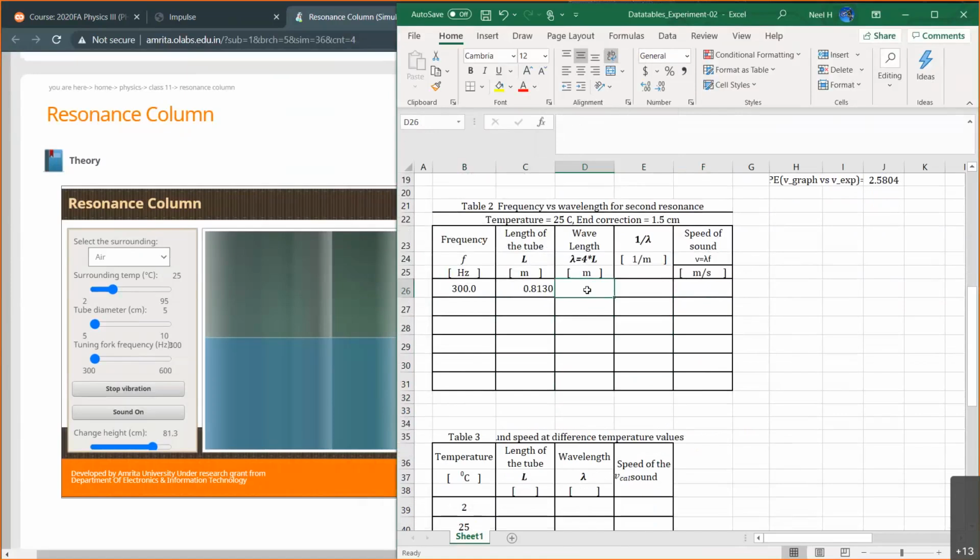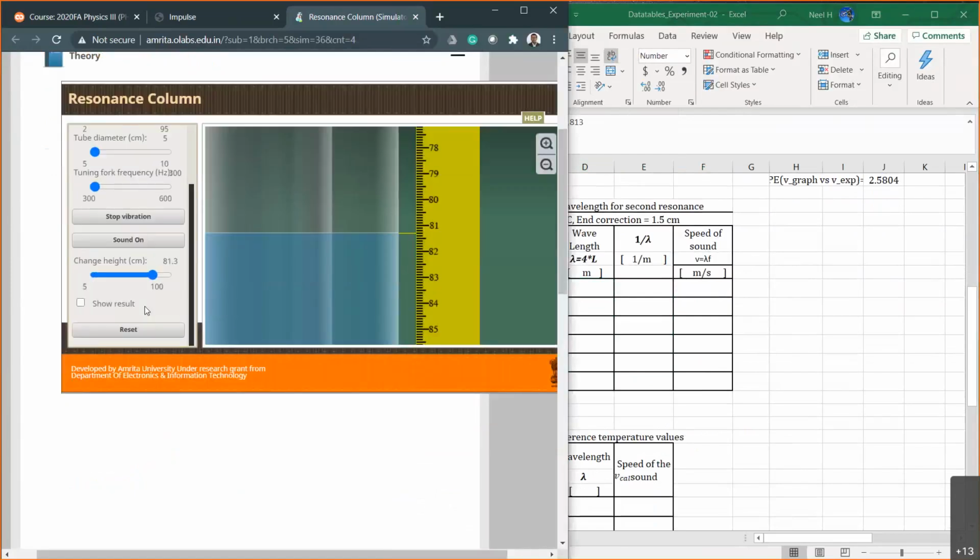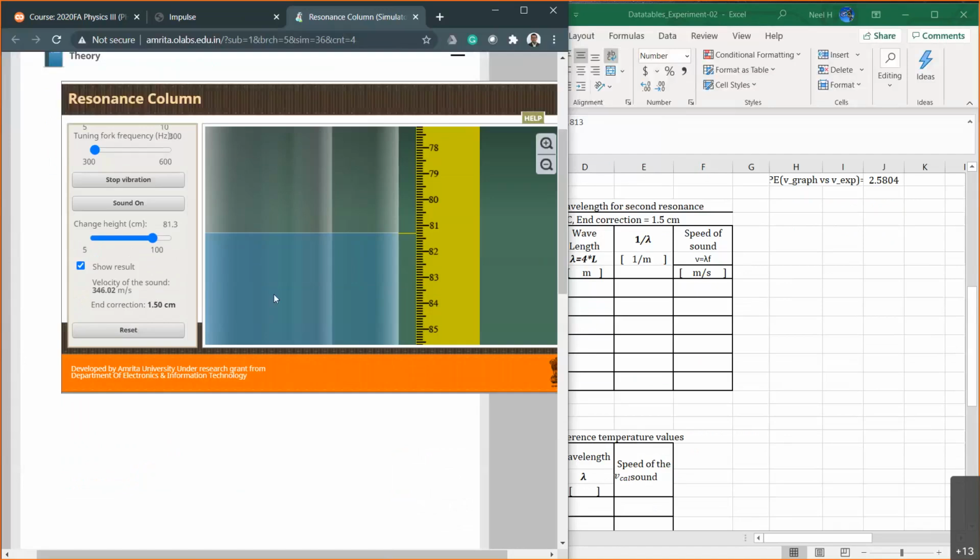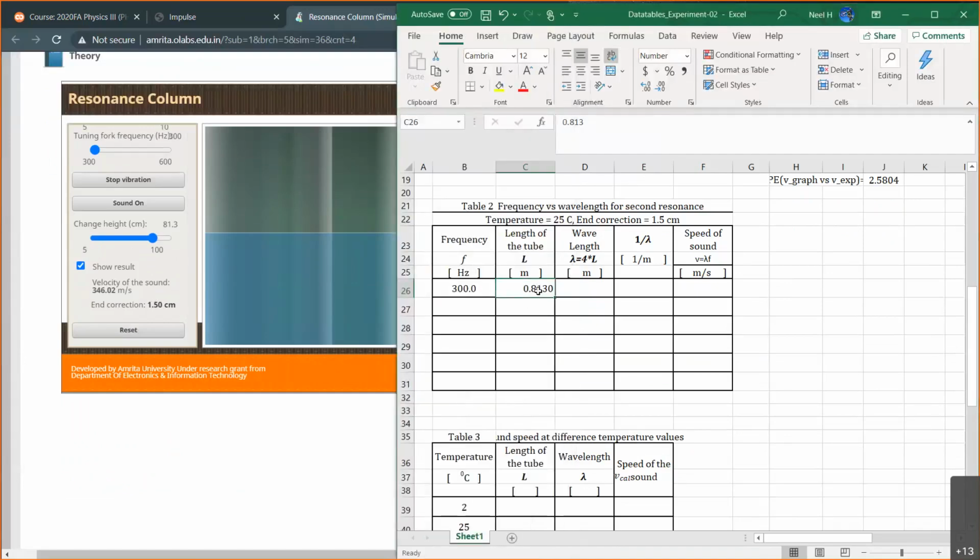Let's do the first calculation like we did earlier. And you know the length correction too. Let's take a look at that again. If you click on show results, it will tell you what the end correction should be. So we'll use that suggested end correction. Then I should add about 0.015.